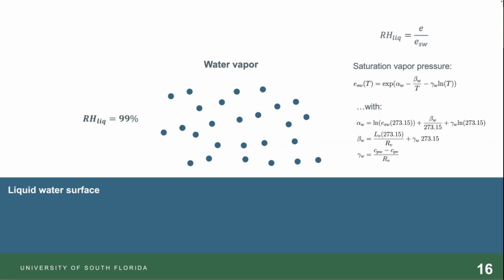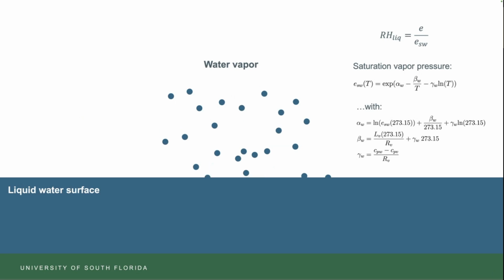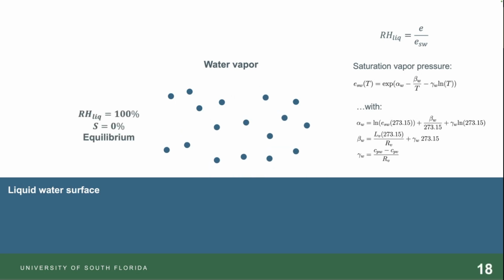But then as soon as we go above 100% relative humidity, if we have a supersaturated environment, then we actually start seeing condensation into that liquid surface. And we can calculate the relative humidity by looking at the saturation vapor pressures. And on the right here, we can see some of the equations that are used by our microphysics scheme, LIMA, in Meso-NH, for determining the saturation vapor pressures.